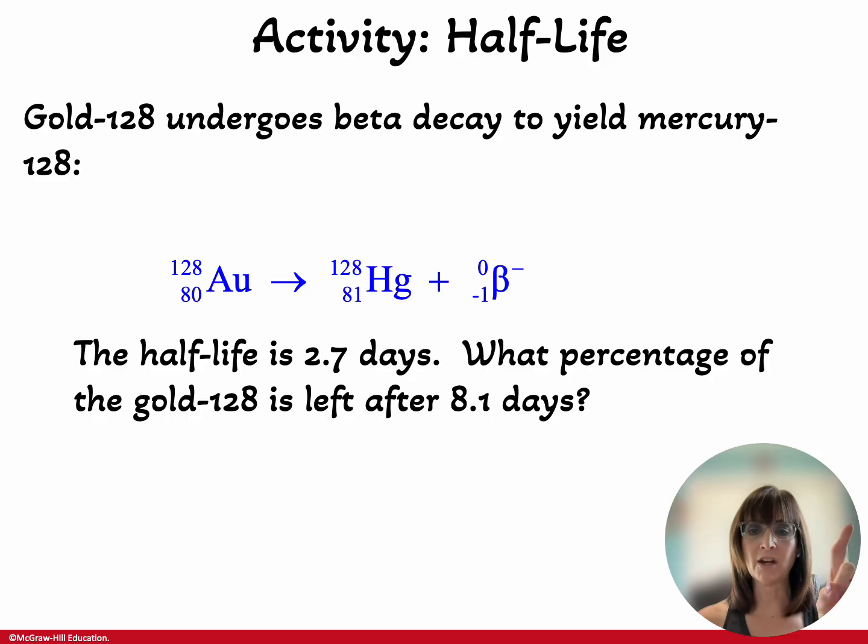So at time zero, we had 100%, and then first half-life goes to 50%, second half-life goes to 25%, and the next half-life goes to 12.5%. You just keep going by half until you get to your time. Just make sure you start at time zero.